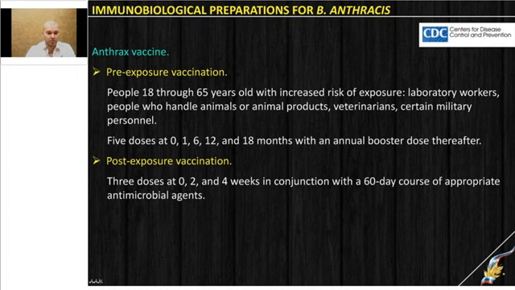The course is of course much shorter to provide faster immunity, and doses are given at day 0 and at 2 and 4 weeks after the first dose. And of course, if there is a very high risk that the subject is already infected, then a proper and very long course of antimicrobial therapy should be provided for that subject as well.